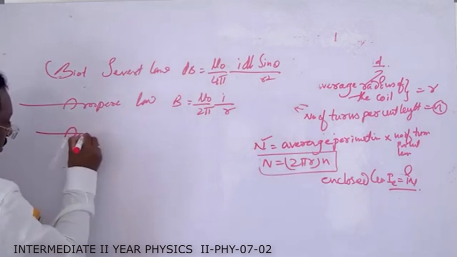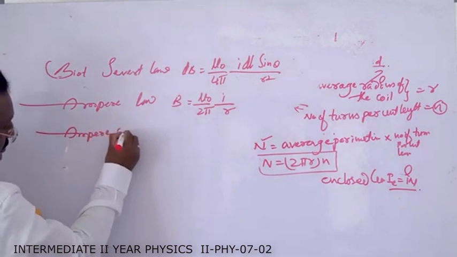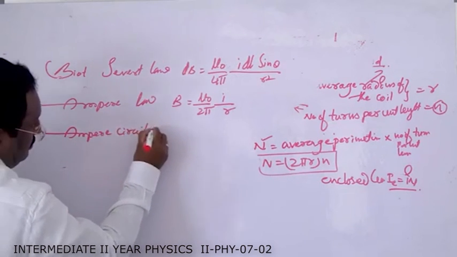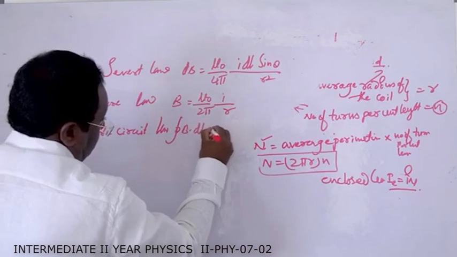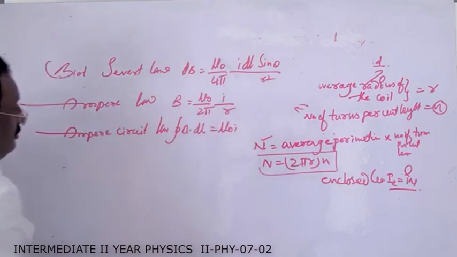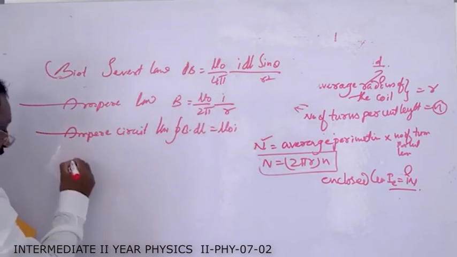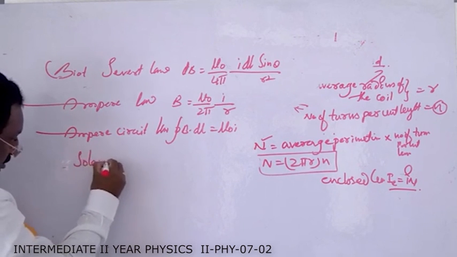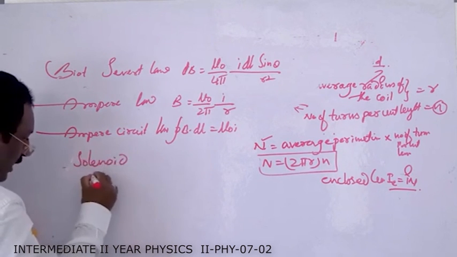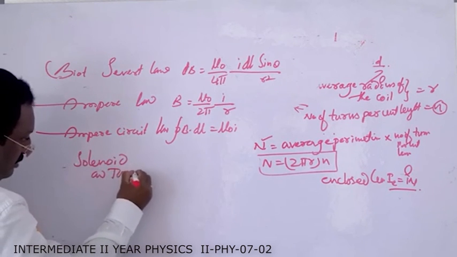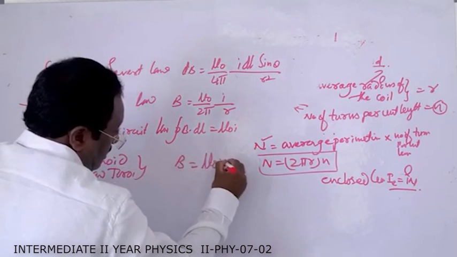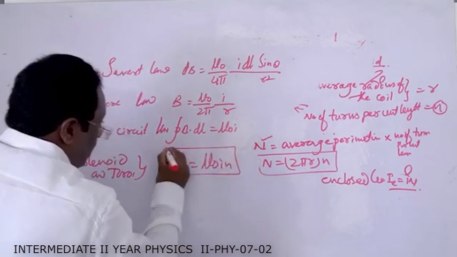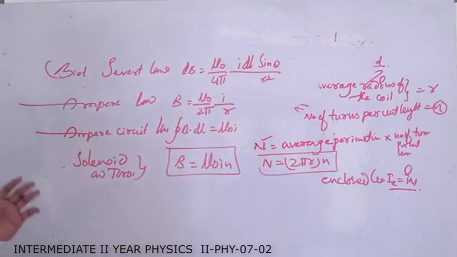Ampere's circuit law gives the magnetic field in a solenoid and toroid, mu naught I n. So far we have studied the magnetic field in those three cases.